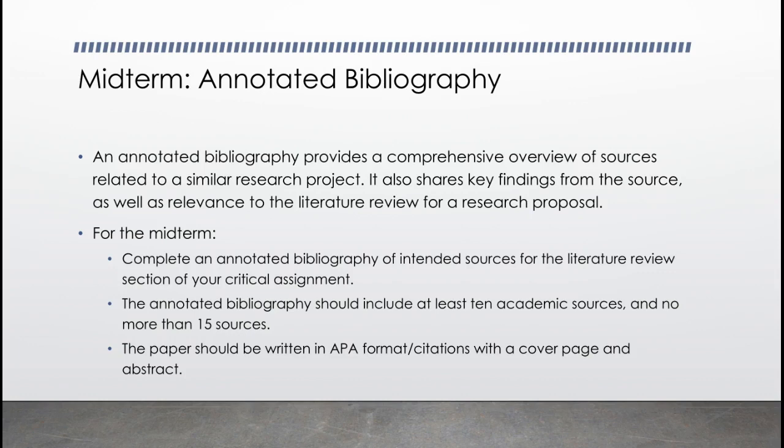You're completing an annotated bibliography that will provide you with information to turn this into a literature review later on for your critical assignment. The paper should be written in APA format. That includes all citations with a cover page and an abstract. I will get into more explanation on what is expected of an annotated bibliography later on in this lecture after we get through the other assignments.